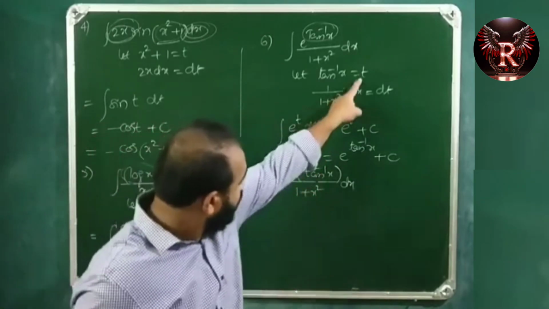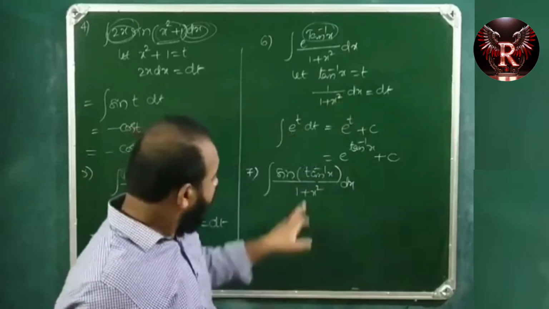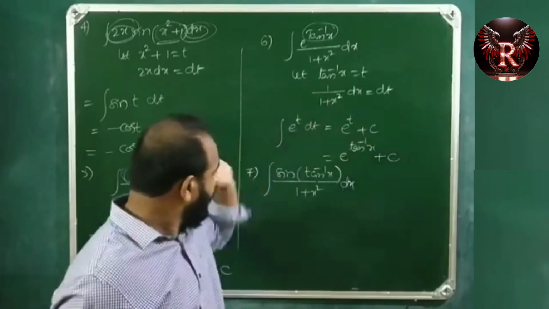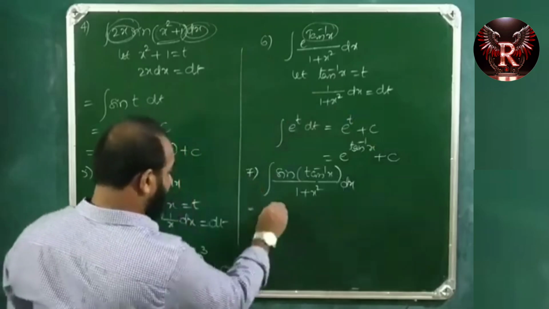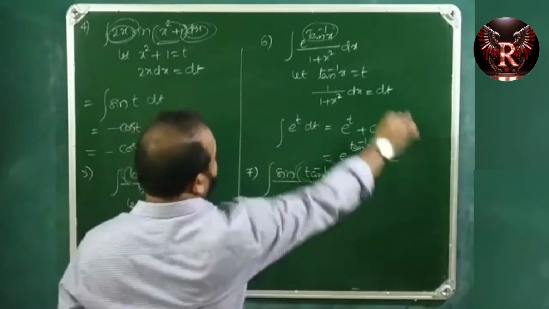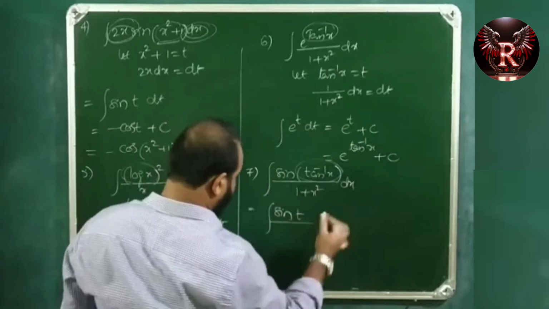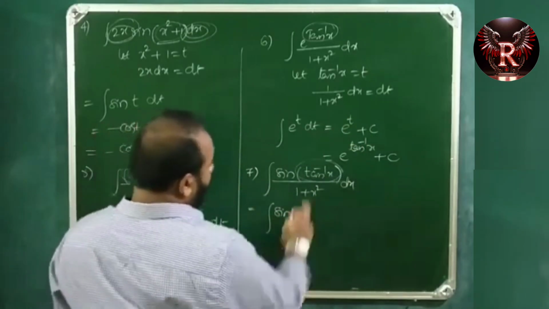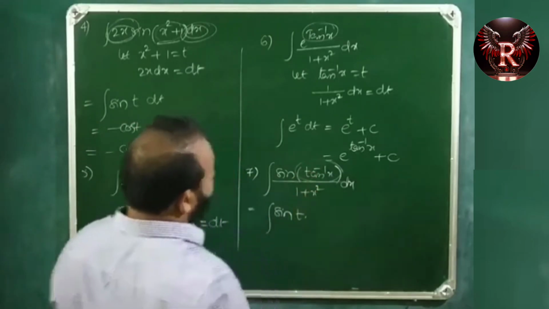Let tan inverse x equals to t. Tan inverse x derivative is 1 by 1 plus x square, dx equals to dt. So sine tan inverse x is equals to how much?